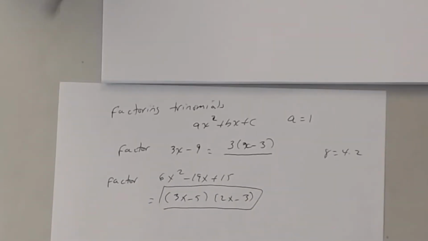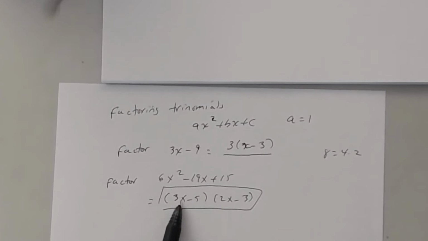So for this chapter, you're going to be asked to factor. So factoring means to take your polynomial and to write it as a product of, what's the word? Factors. So you're going to learn how to go from here to here.